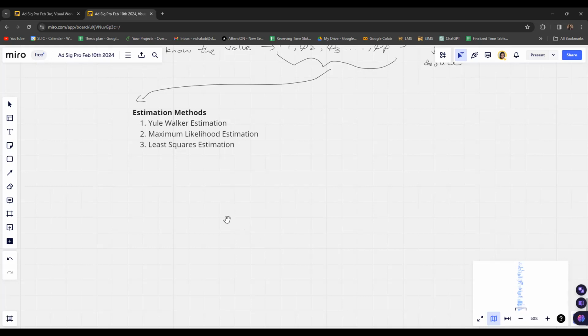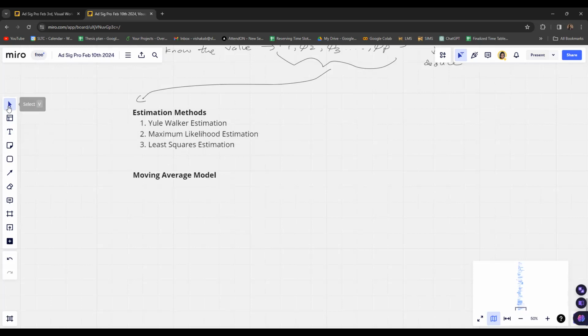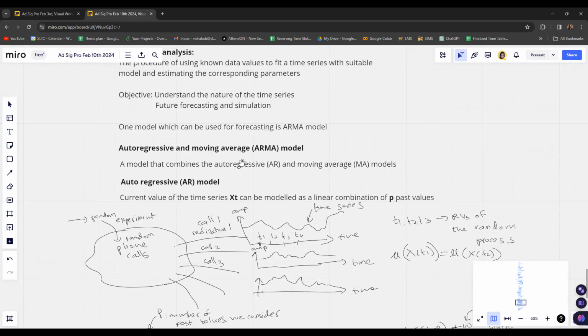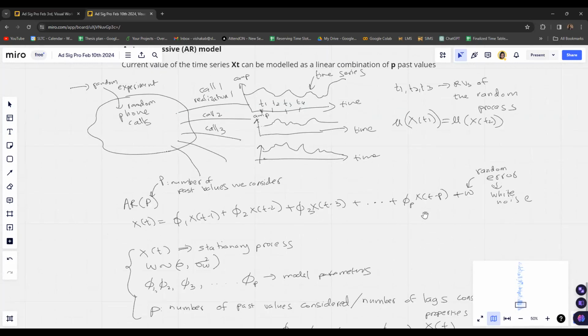So going ahead, the next thing is about the moving average models. This is like the AR model; as I said, it is a combination of an autoregressive model and the moving average models, right? The autoregressive model is something we discussed now, and it can be defined using this mathematical equation.